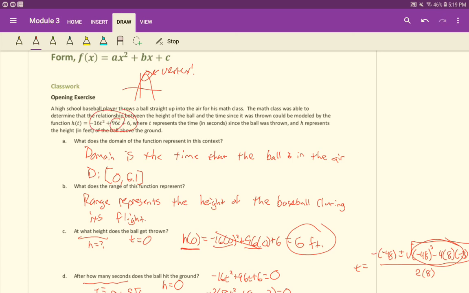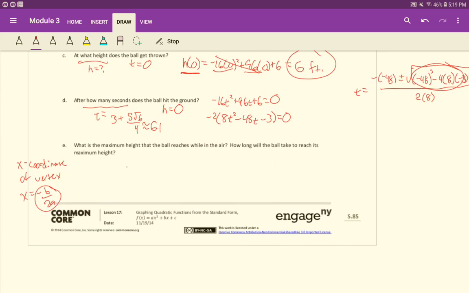Negative b, so it'll be negative 96 over 2 times a, negative 16. So negative 96 over 2 times negative 16, like so. Or negative 96 over negative 32, which will simplify then to 3 exactly. How nice. So that's the time, right? Because again, this is the x-coordinate, or in this case, it's the t-coordinate.